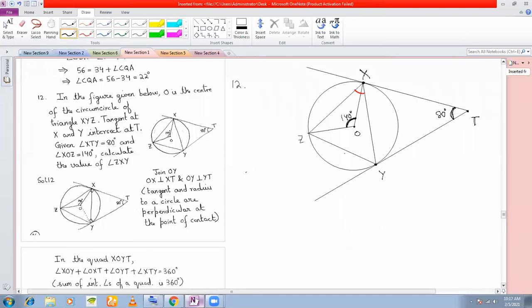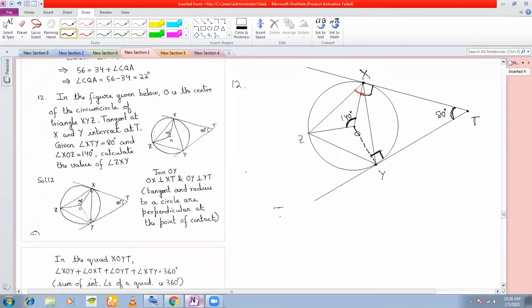There can be two to three ways of calculating this, but the simplest way I can think of is if you join OY here. Then what can you say? You can say that this angle here is 90 degrees because the tangent and radius are perpendicular at the point of contact. This angle here is also 90 degrees.